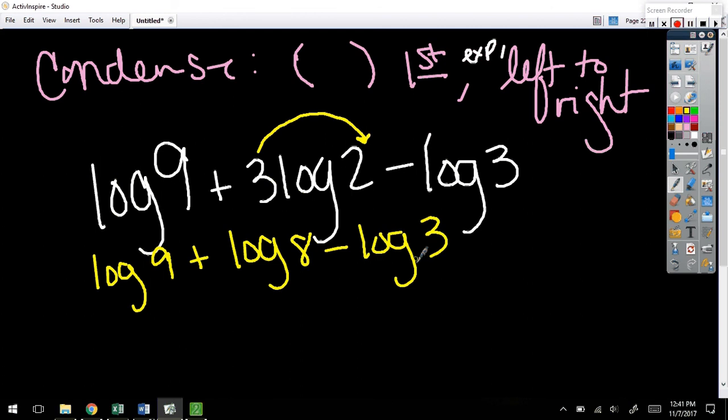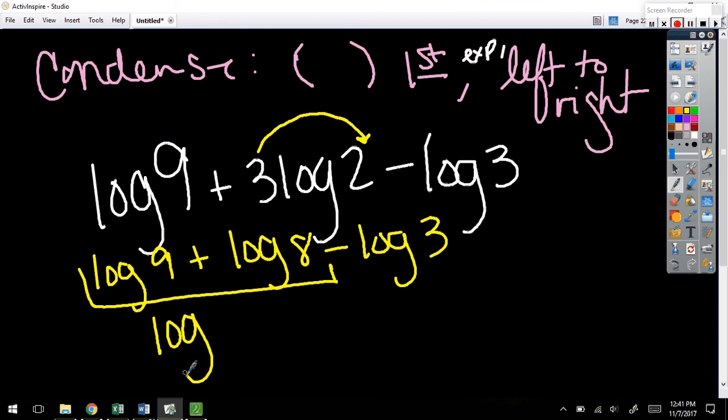Now left to right. If I'm adding, that means I do what? Multiply. Now we're moving left to right. I don't see a base indicated here. What does that mean? 10.